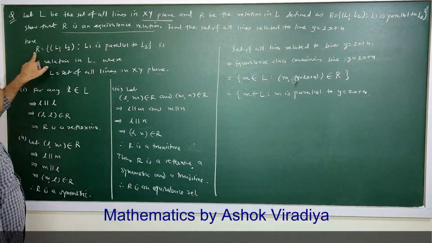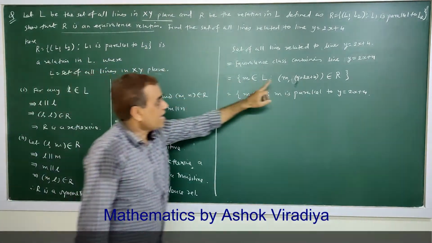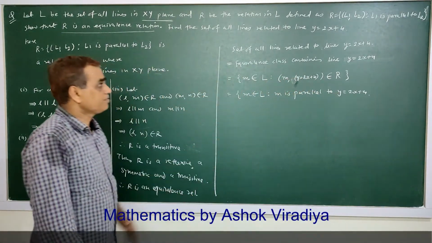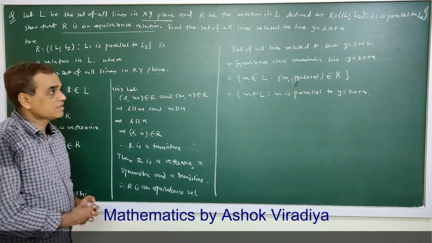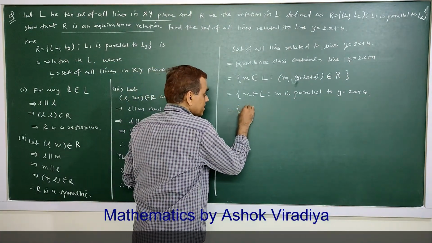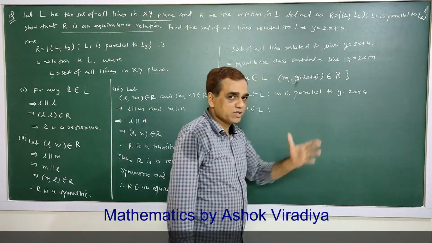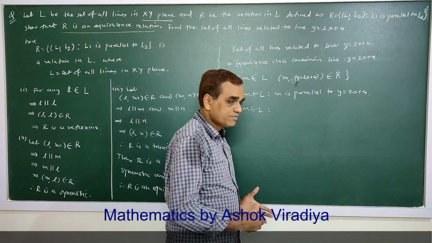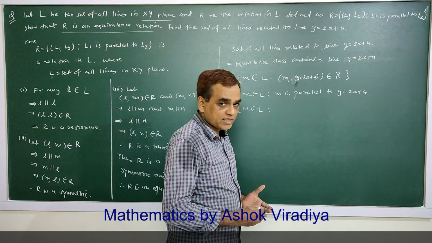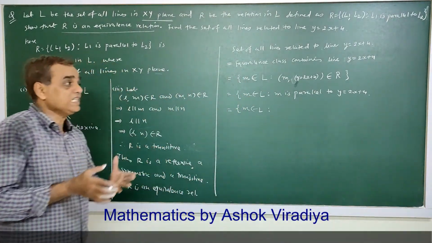If (L1, L2) belongs to R, it means L1 is parallel to L2. Now, if any line is parallel to y equal to 2x plus 4, then that line can be expressed as y equal to 2x plus c.